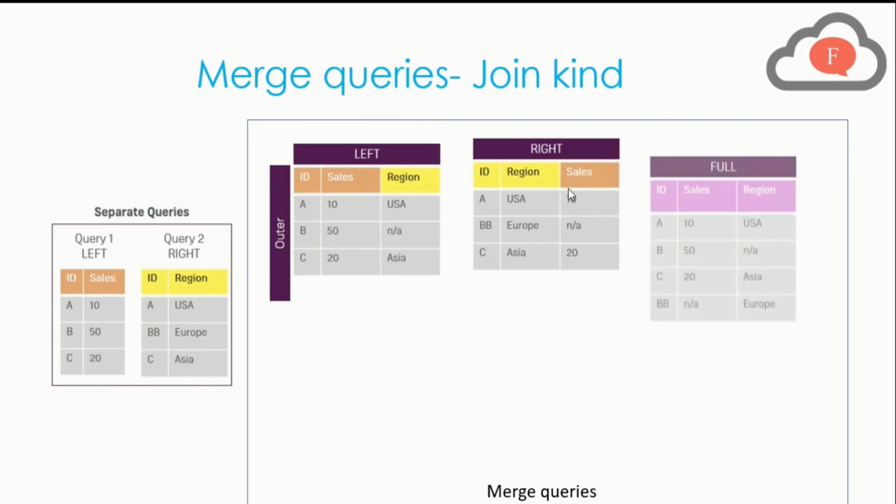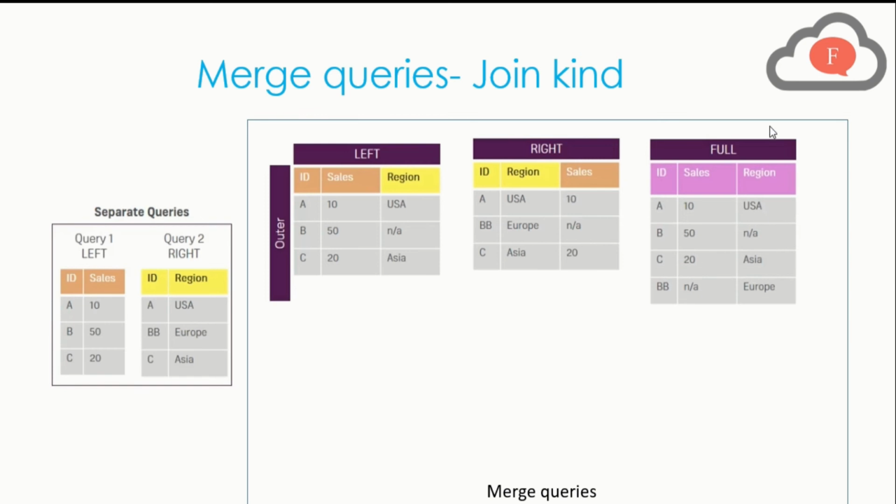Now there is another join that could help you, that is full outer, in which the full query has been joined. You could see here the difference in how it works: A has been joined with 10 of USA, and B is joined but is not available in the region section, while in the left or right case it is not available.